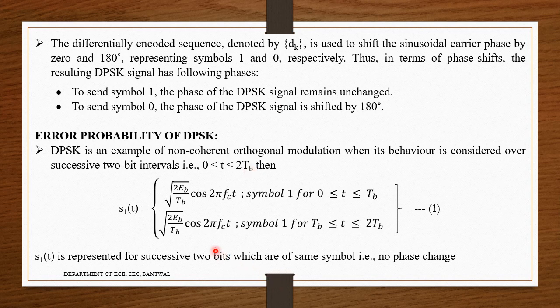Okay, see here, if it is a bit 1, square root of 2Eb by Tb cos 2 pi fct for symbol 1 for 0 to Tb, and also square root of 2Eb by Tb cos 2 pi fct for symbol 1, because here we are comparing the 2 bits: dk and dk minus 1, symbol 1 for Tb to 2Tb. So that is the comparison. So s1 of t is represented for successive 2 bits which are of the same symbol, that is no phase change. So here no phase change because both are transmitting symbol 1.